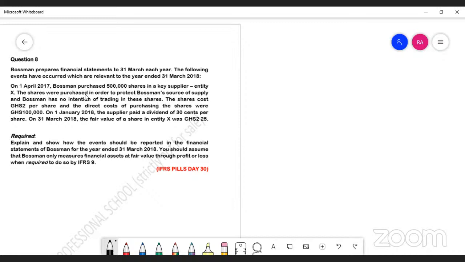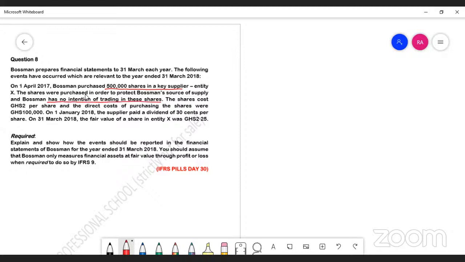The following events have occurred which are relevant to the year ended 31st March 2018. On 1st April 2017, Bossman purchased 500,000 shares in a key supplier, Entity X. The shares were purchased in order to protect Bossman's source of supply, and Bossman has no intention of trading in these shares. I like this statement: has no intention of trading in these shares.